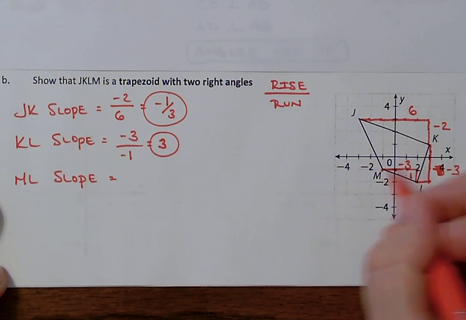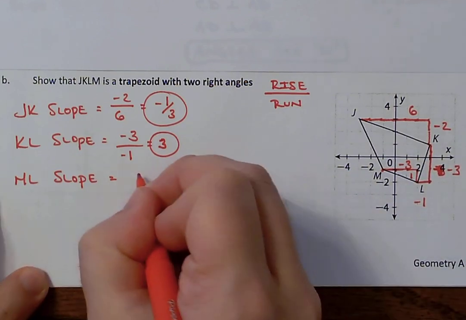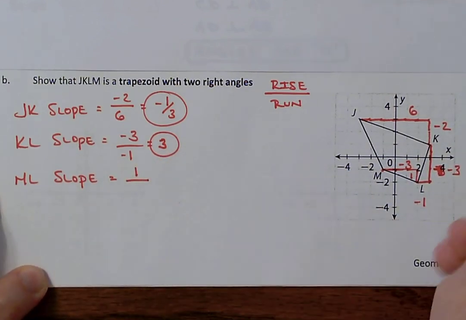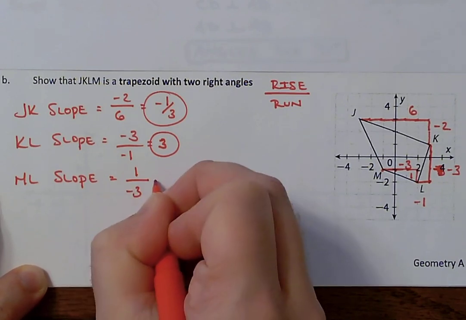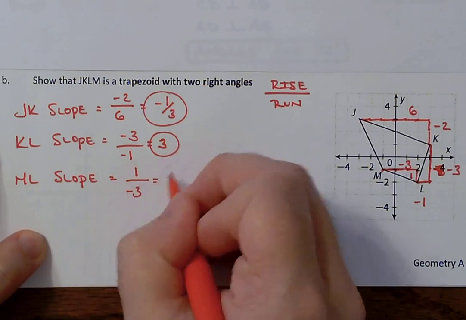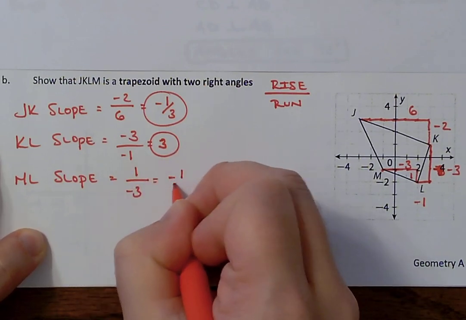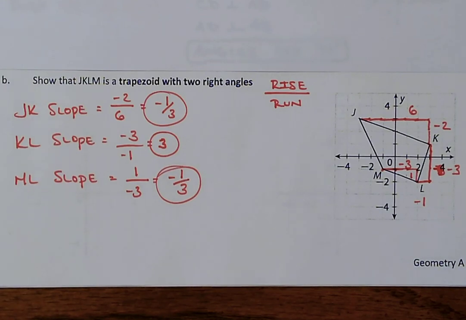So we go up 1 and to the left 3. So the rise is 1, and our run is -3. And we have 1 over -3. I cannot simplify the numbers, so that means our answer is just -1/3 for the slope of ML.